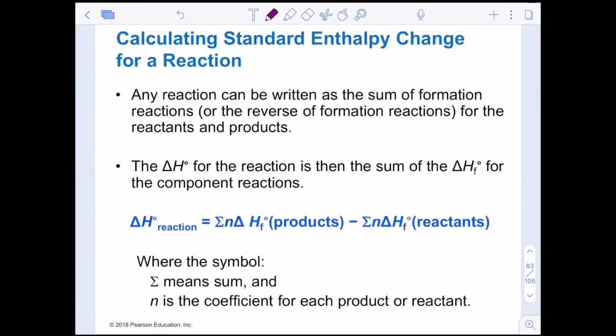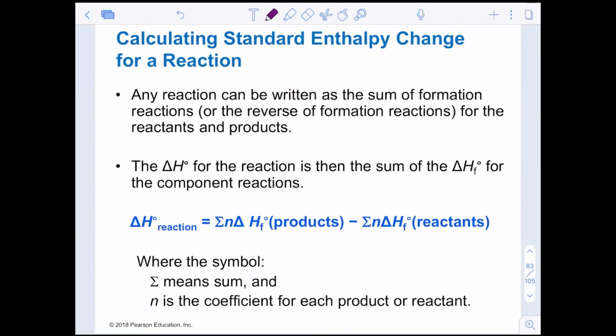Calculating the standard enthalpy change for a reaction can actually be done. We can either use a Hess's law type of idea with all these standard enthalpy change reactions, or we can use the idea that delta H is a state function and say that the standard delta H for a reaction is the sum of the delta H's of formation for the components.